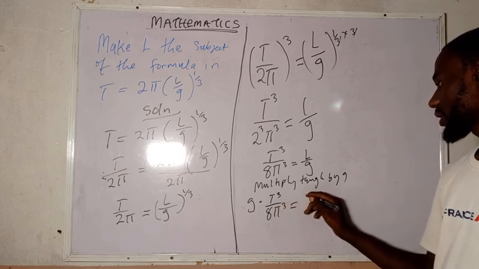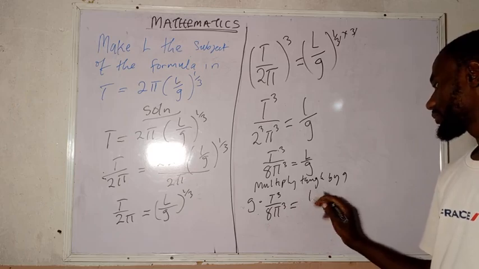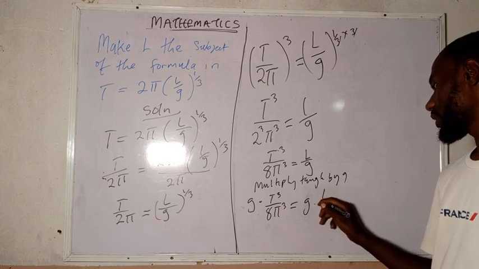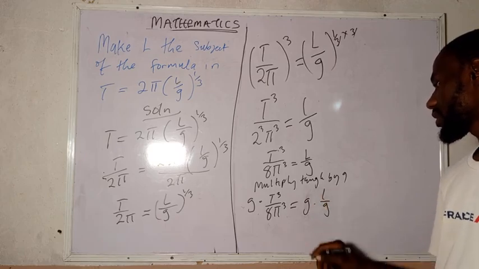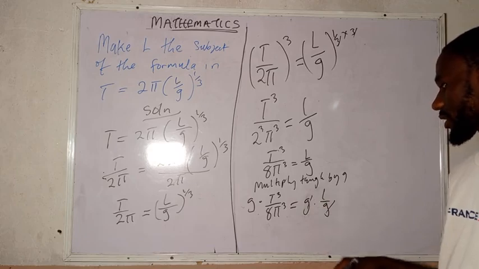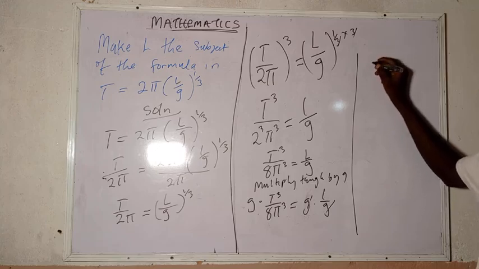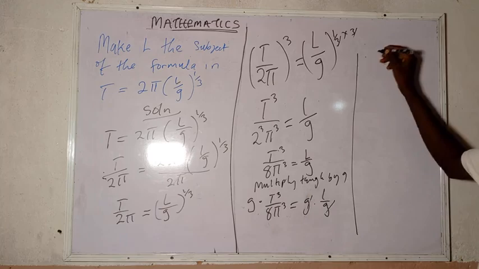This is equal to L, that is G multiplied by L all over G, where G cancels out.